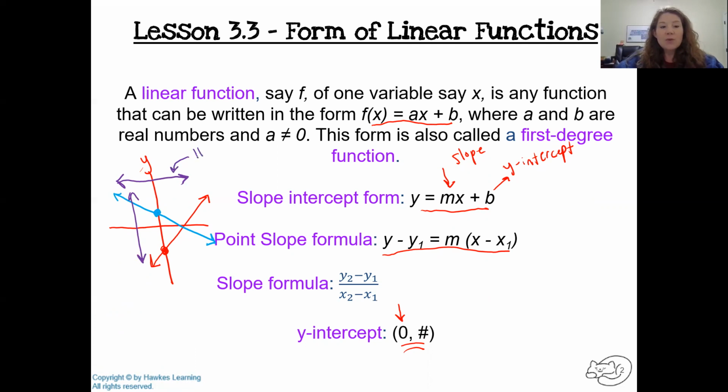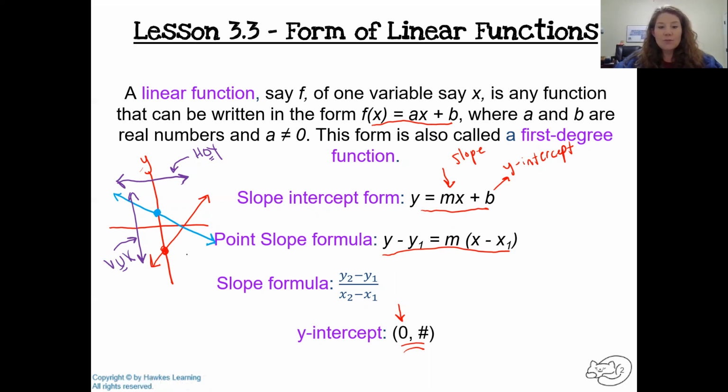If you have a horizontal line, if they ask you what the slope is, the O means the slope is actually 0. And when you have a vertical line, think of the acronym VUX, and that U reminds you that the slope is called undefined. So we're going to be using all of that stuff today.